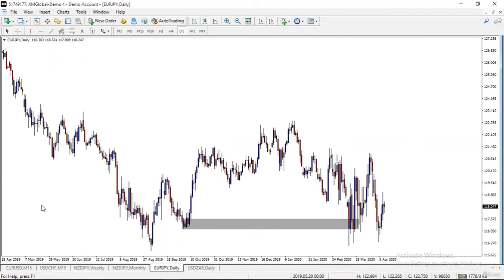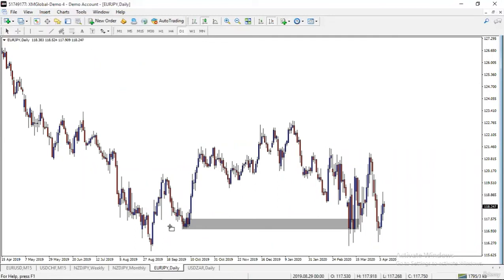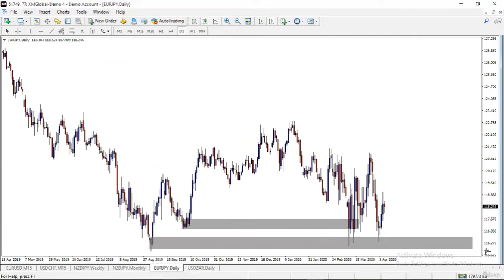Okay, so if a support area is not respected, it doesn't necessarily mean that you are wrong. It can also mean that the sellers were still interested in selling, or you didn't have enough buyers to buy at that price. Okay, so you mustn't be emotional about it. Let's say you have something like this.